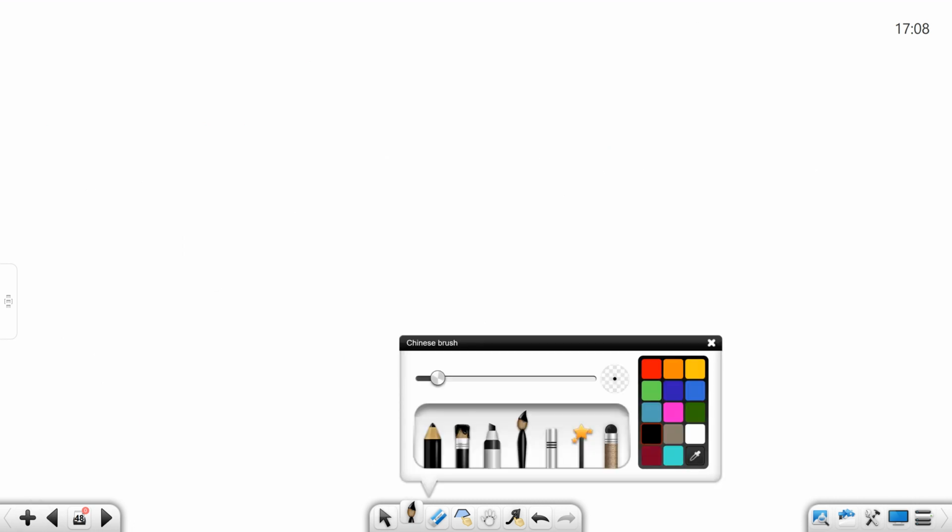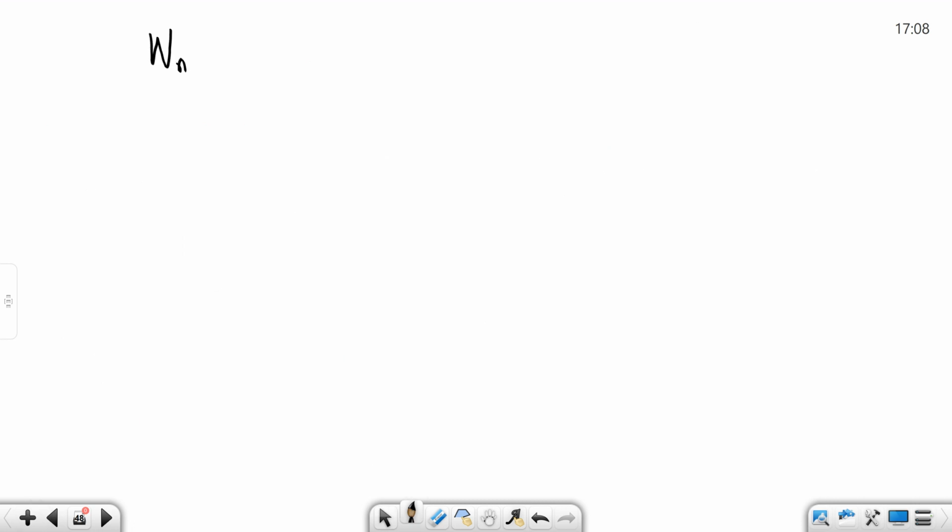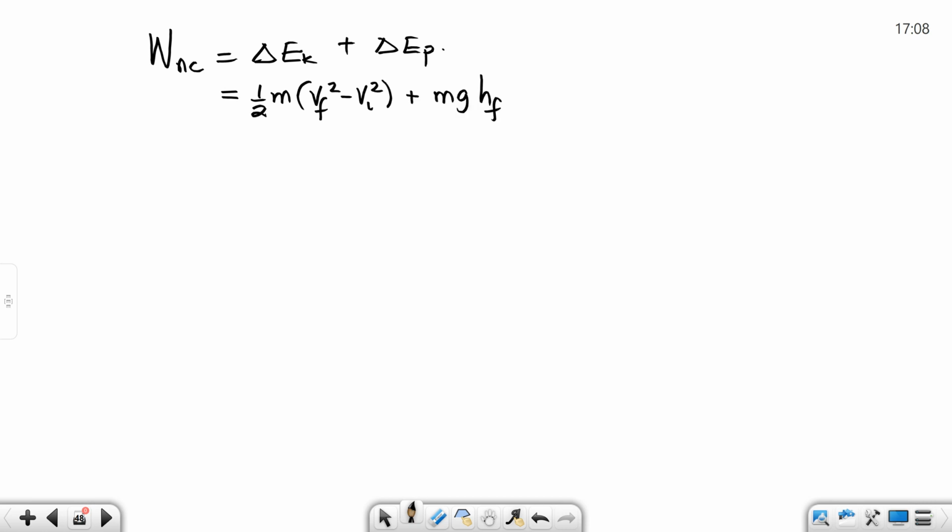Let's start by writing our formula. Work done by non-conservative equals to what? Change in EK plus change in what? Can we expand this formula? One over 2 m (Vf squared minus Vi squared) plus mg (H final minus H initial). Please, that is important. Your ability to expand that formula is very key.